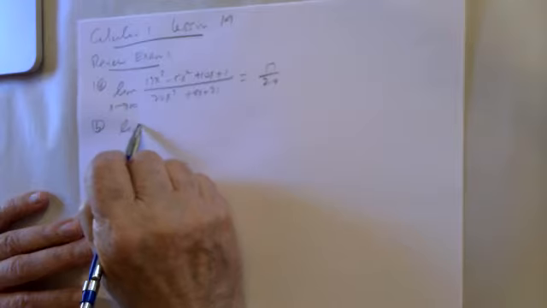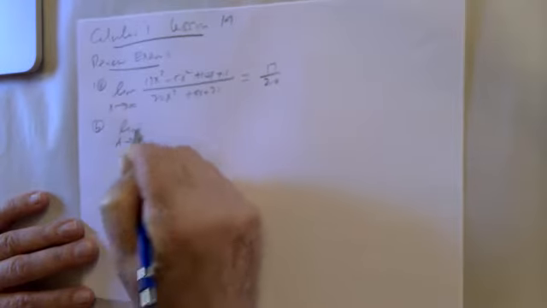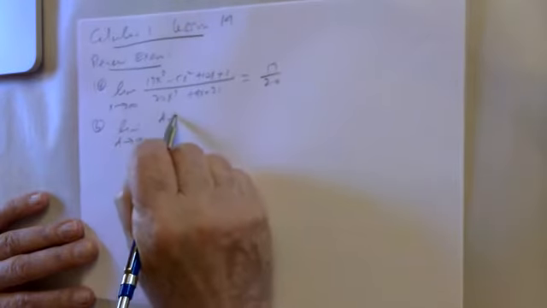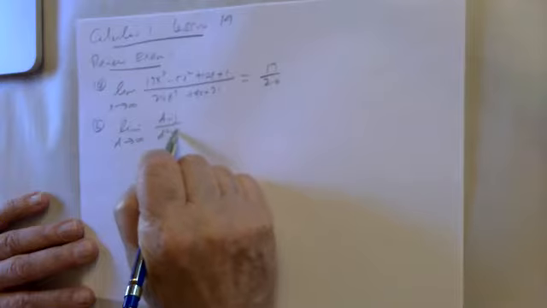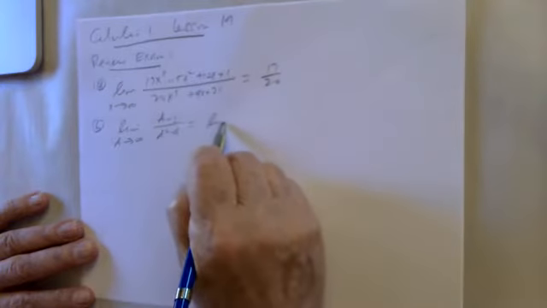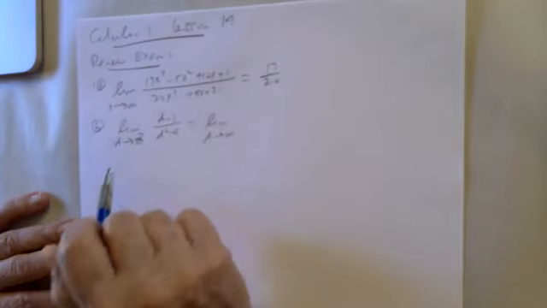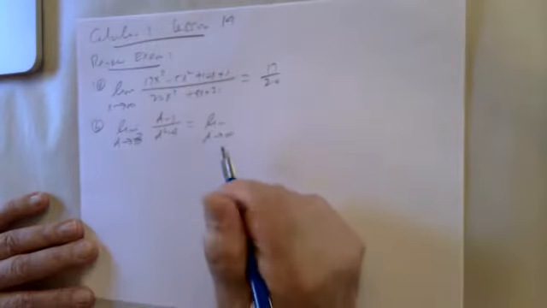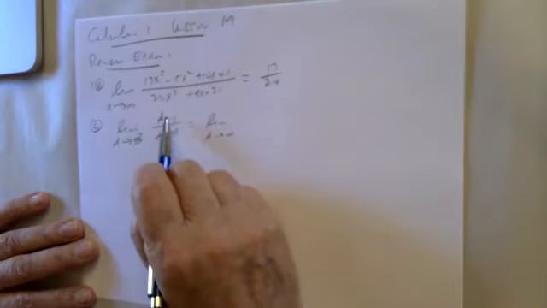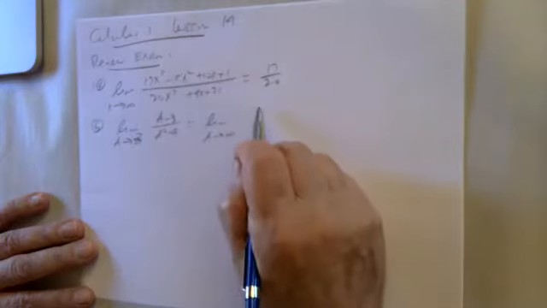1b is the limit as t goes to infinity of t minus 3 over t squared minus 9. Sorry, this is the limit as t goes to 3. You can't just plug in t equal 3 because you would get 0 over 0.